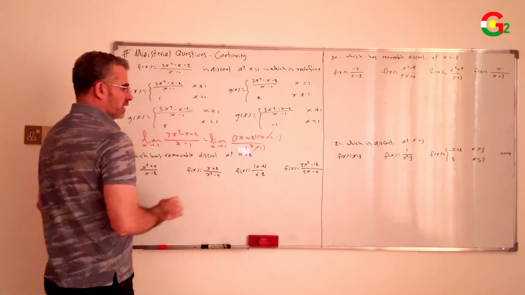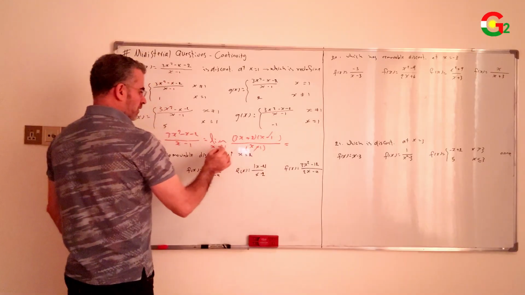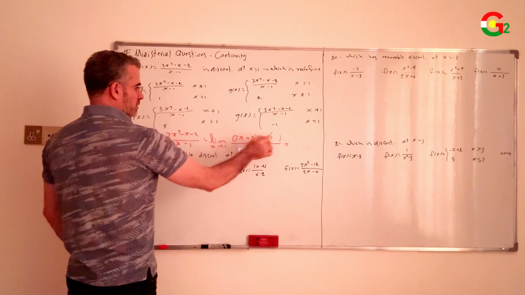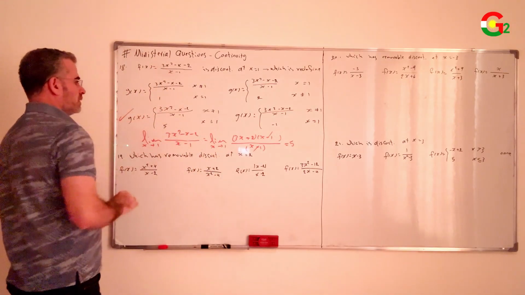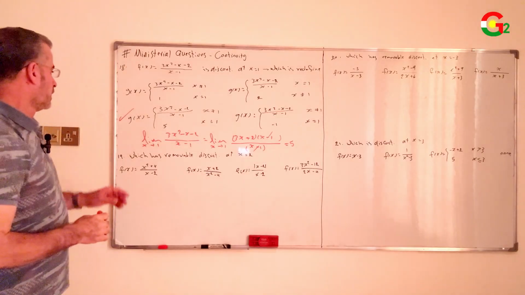Reduce x minus 1 with x minus 1. Substitute every x with 1: 3 plus 2, 5. Then the right choice is C.